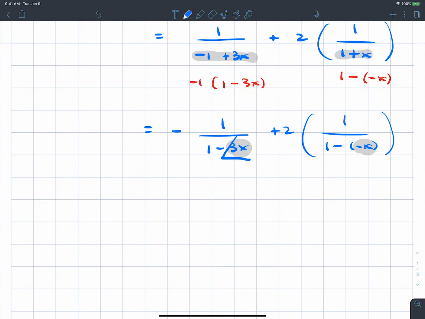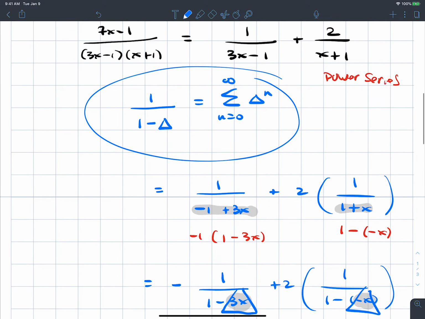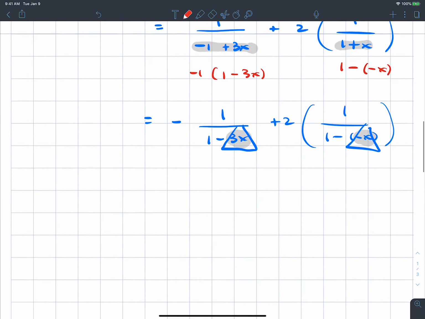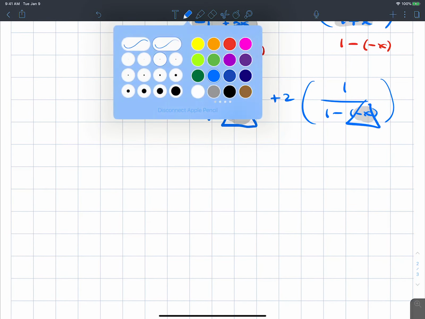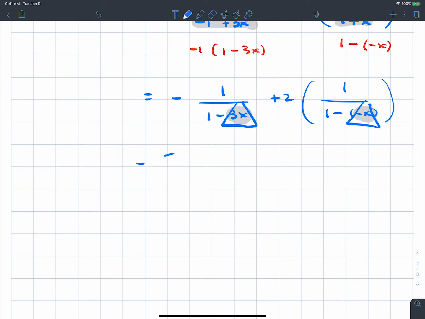So I have a triangle here, using the power series expansion that we talked about. So we're going to use this kind of expansion here. Okay, so that means I get negative summation (3x)^n, n is 0 to infinity, plus 2 summation (-x)^n, n is 0 to infinity.